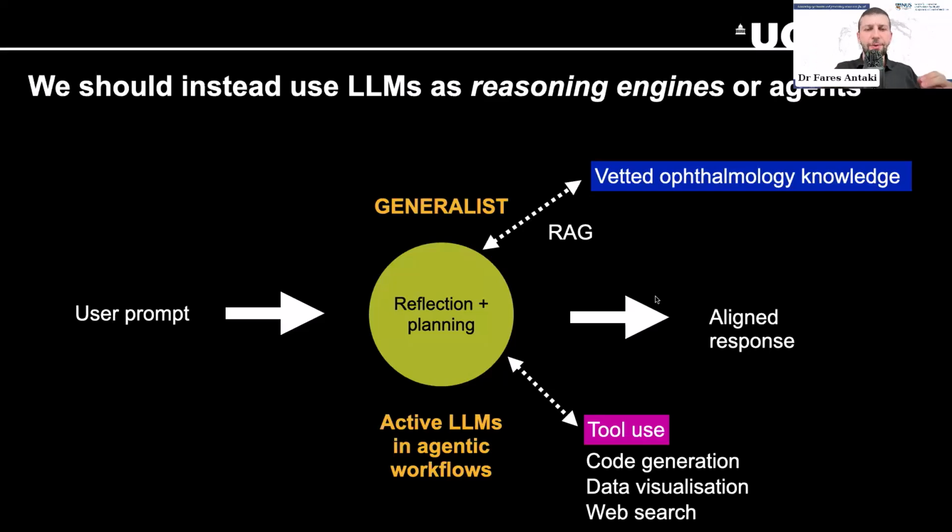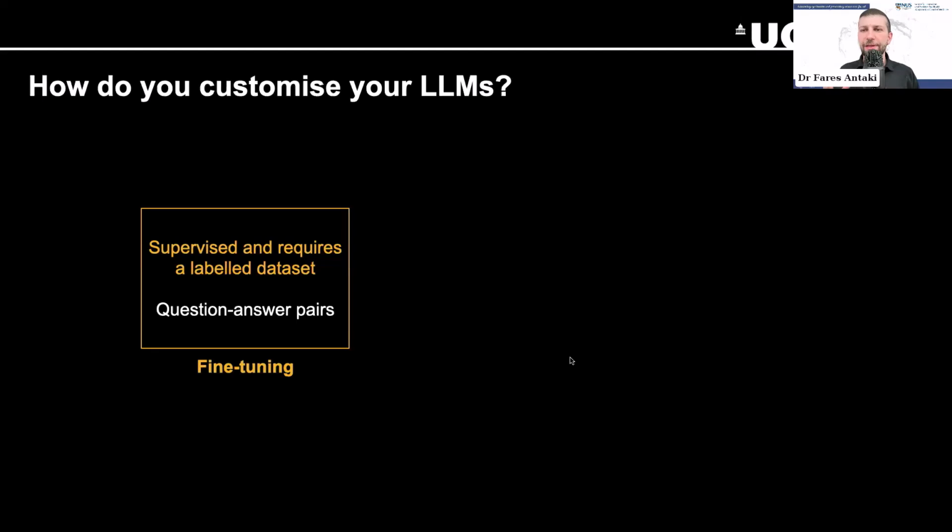And that can be done with a generalist LLM, which is open to everyone, or a fine-tuned LLM, which is an LLM whose parameters you adapt for your specific needs, such as ophthalmology. This brings me to how do you customize LLMs? Well, there are multiple ways.